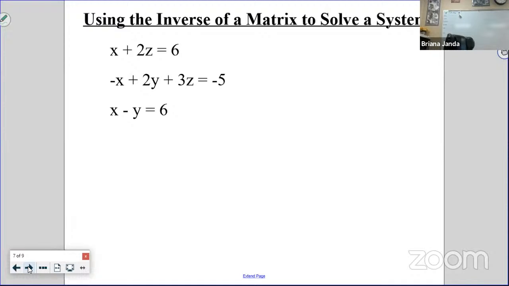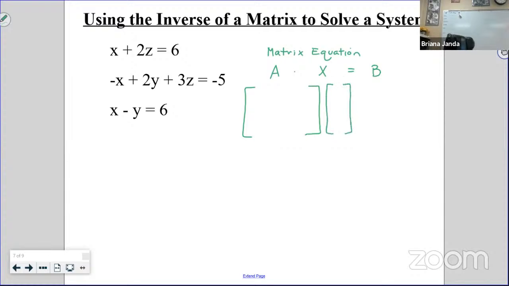Look at the directions, first of all: using the inverse of a matrix to solve a system. So we are going to write the matrix equation A times X equals B. A is going to be the matrix of our coefficients.